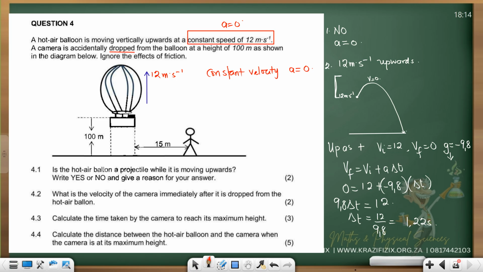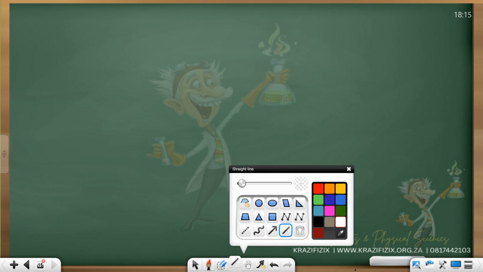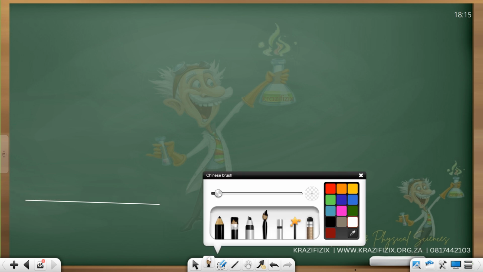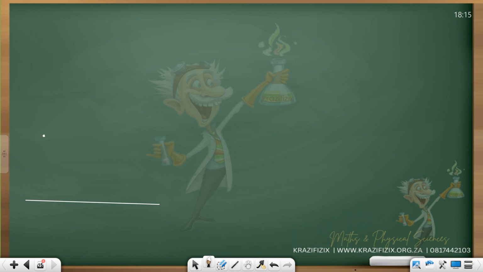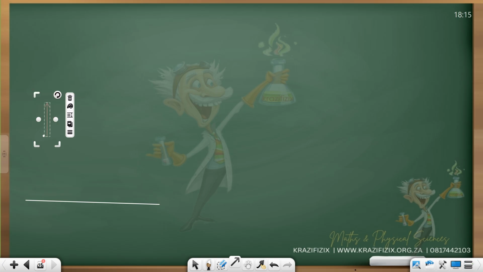All right, 4.4. Calculate the distance between the hot air balloon and the camera when the camera is at its maximum height. This question needs a bit of a diagram. Please sketch, it will really assist you. So, this is the ground. The hot air balloon was here, and the camera was released from it.